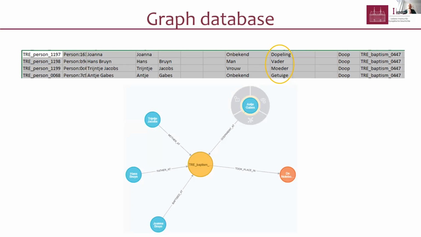Now, the nice thing is that the data created by the Dutch archives already made clear what someone's role was at the baptism. So someone could be the person baptized, a mother, a father, a godparent, and so forth. And this information is really key in order to answer some of the research questions I have.